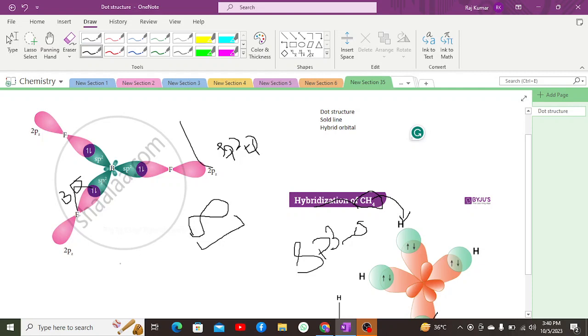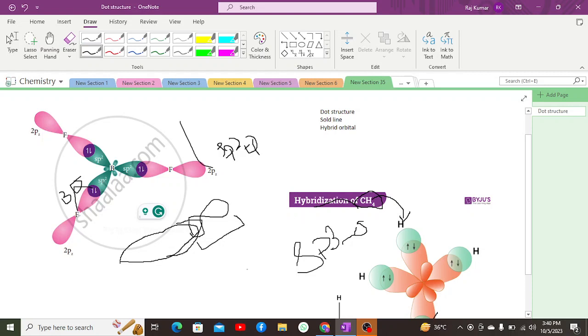When that elongated orbital forms a bond with the sp2 orbital, it causes a stronger bond to form because it is elongated. As it is elongated, it causes more overlapping. As there is more overlapping, less energy is produced, and the bond is stronger.